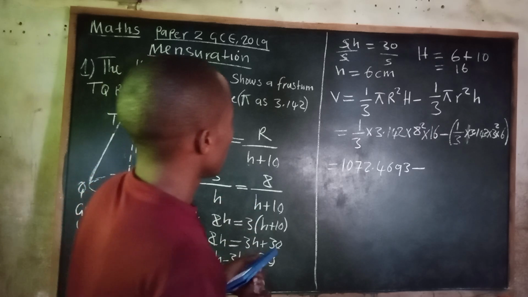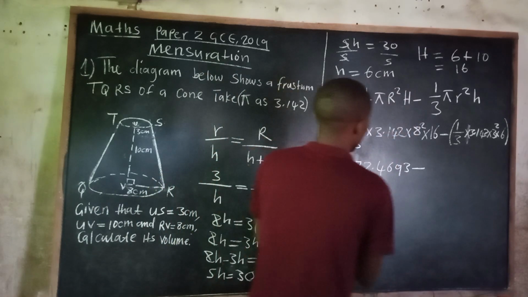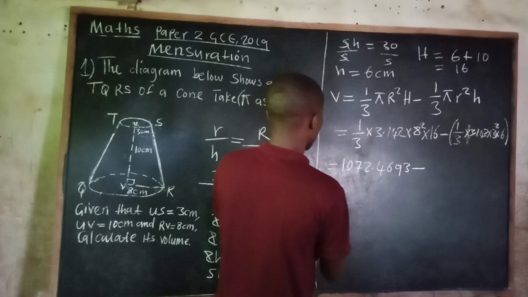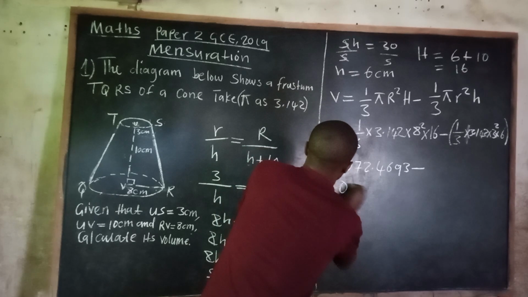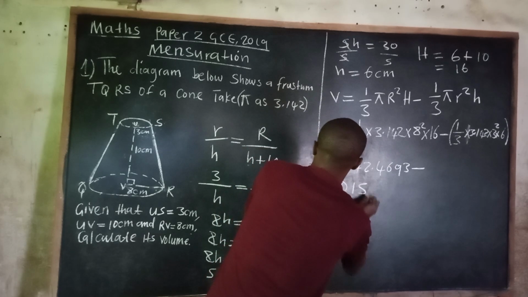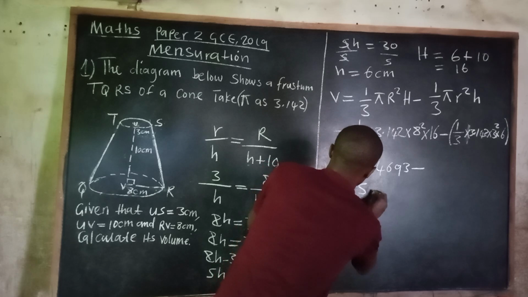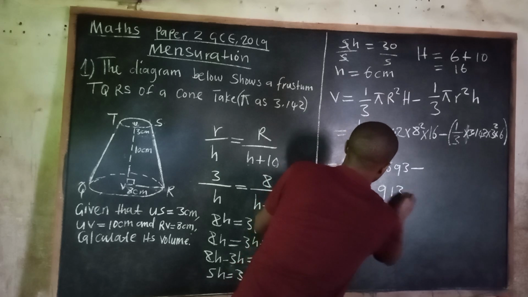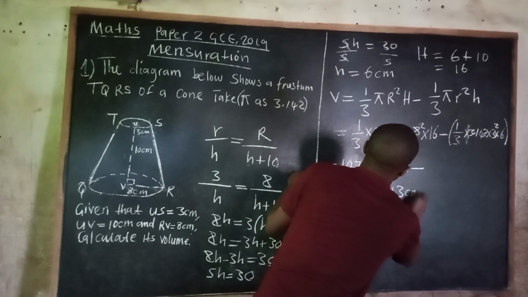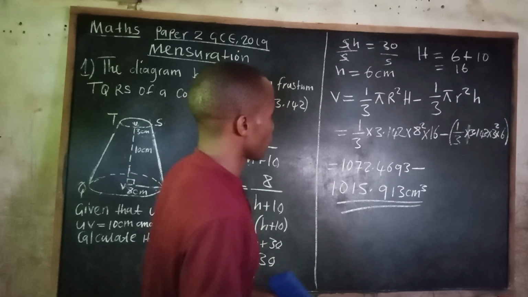When we subtract that, the final answer is going to be 1015.913 centimeters cubed. So this is our final answer.